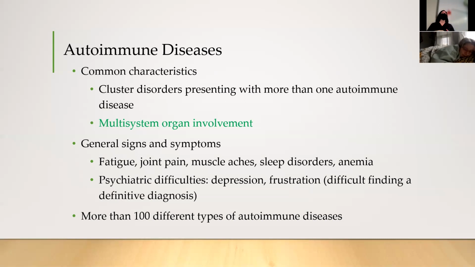I've known a lot of people who have finally gotten a definitive diagnosis once they went to a naturopath or a doctor that specializes in it, after trying to get it figured out through their general physician. But with more than 100 different types of autoimmune diseases, it can be kind of challenging to get to that end stage diagnosis.